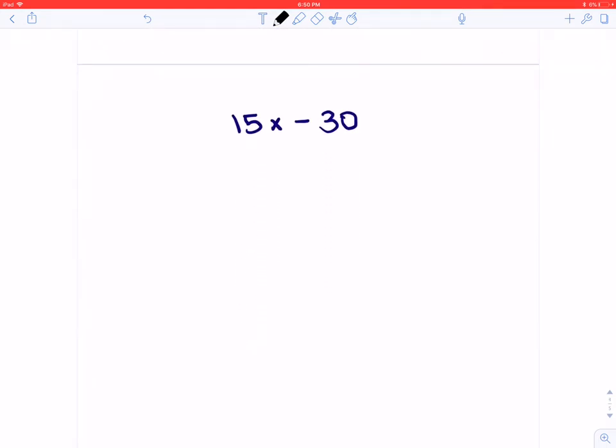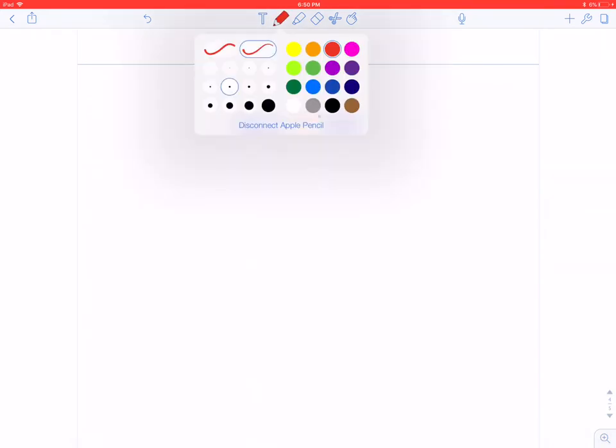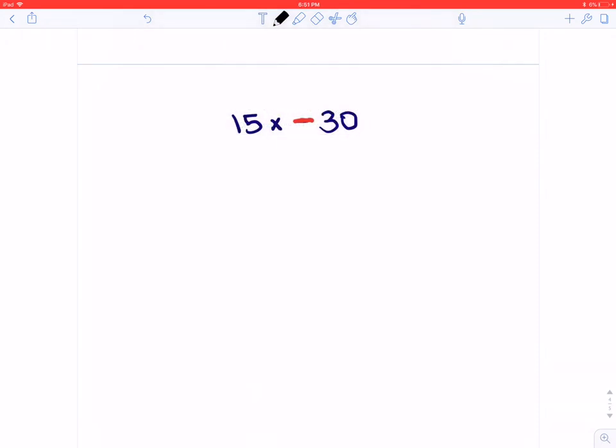Here I have 15x minus 30. Now I want to remind myself that this is a minus because that's going to go into my answer. So when I look at 15, I know I can divide by 3. I can also divide by 5. And I can also divide by 15.